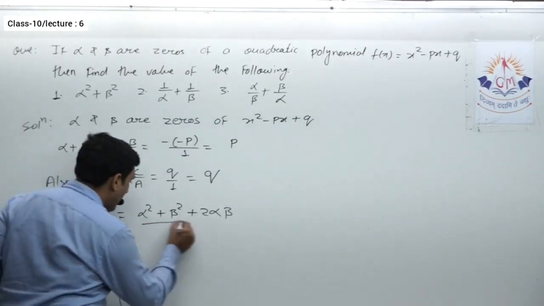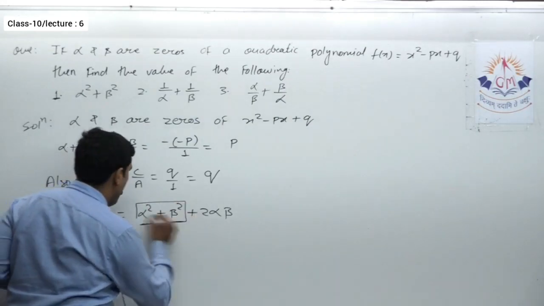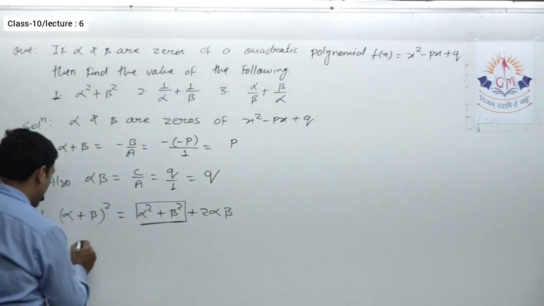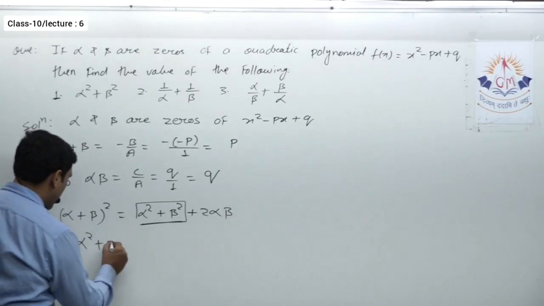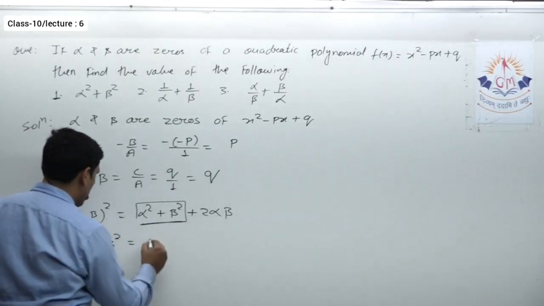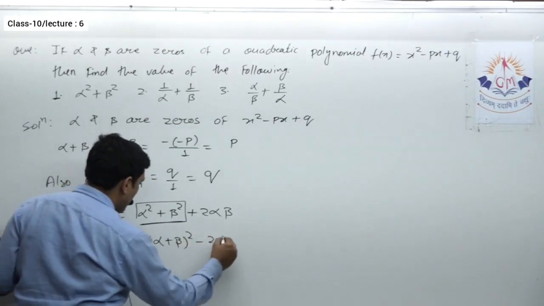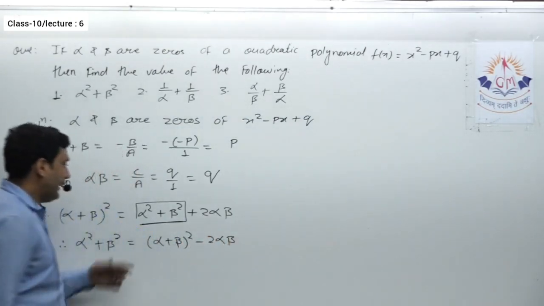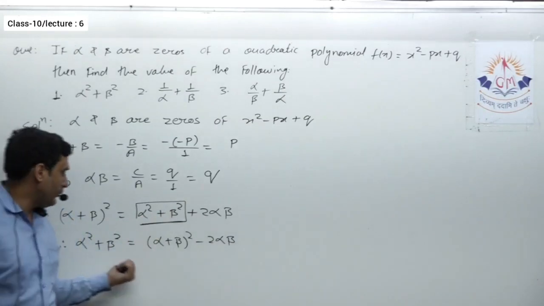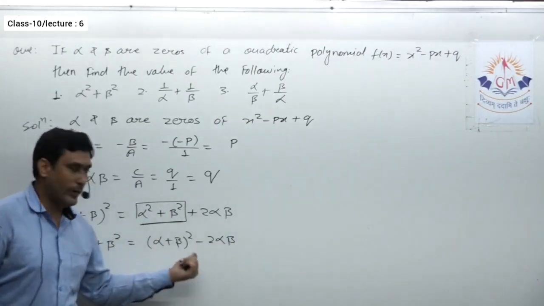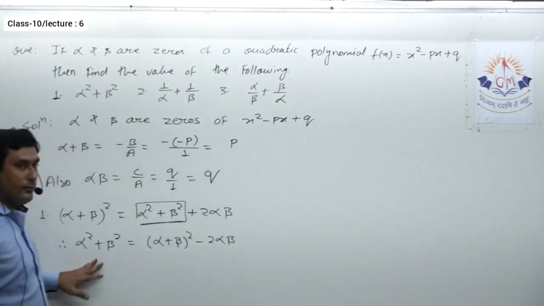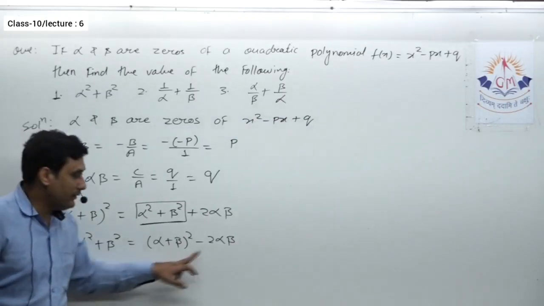Now over there I need the value of this, so I can write alpha square plus beta square is equal to alpha plus beta whole square minus 2 alpha beta, isn't it? Now I need the value of this. Yes, I have this.